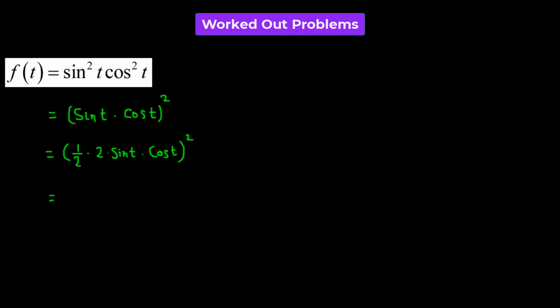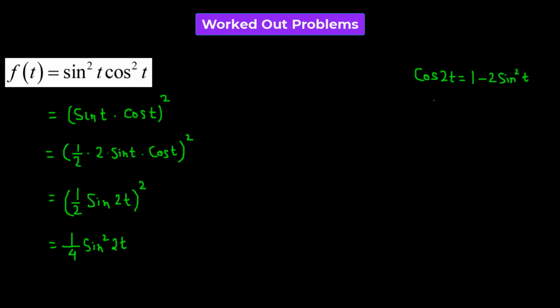Now, this has been done because we know that 2 times sine of t times cosine of t is an identity which is equal to sine 2t. So we have half sine of 2t, whole squared. So that gives us 1 over 4 times sine squared 2t. Now we know that cosine of 2t is equal to 1 minus 2 sine squared t.